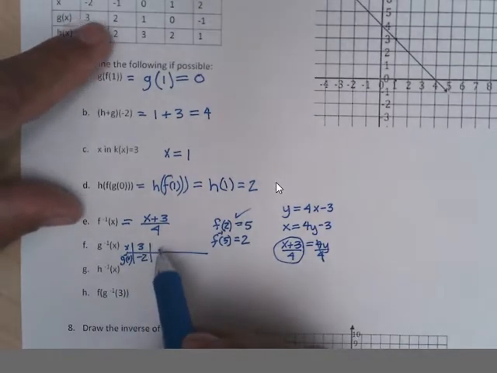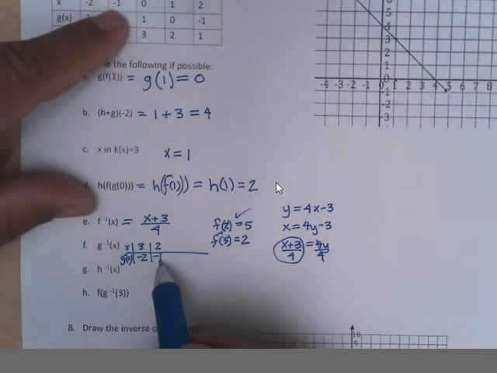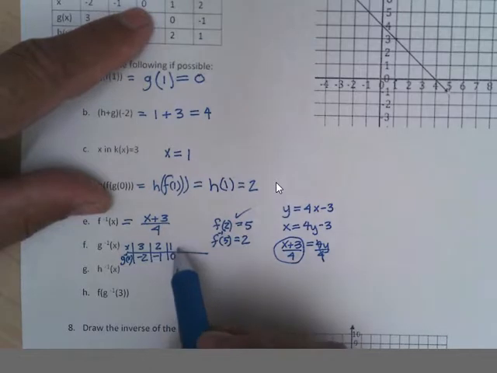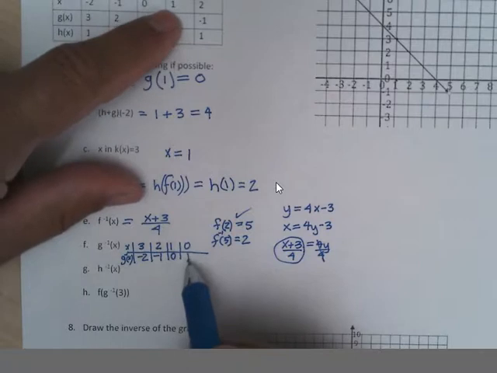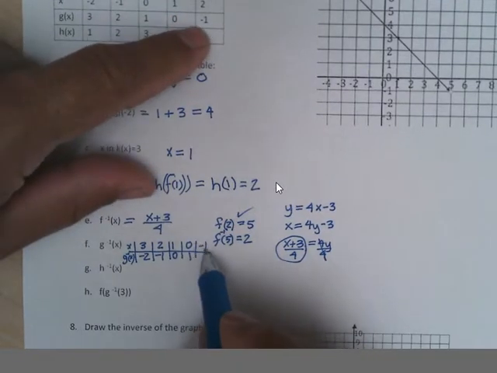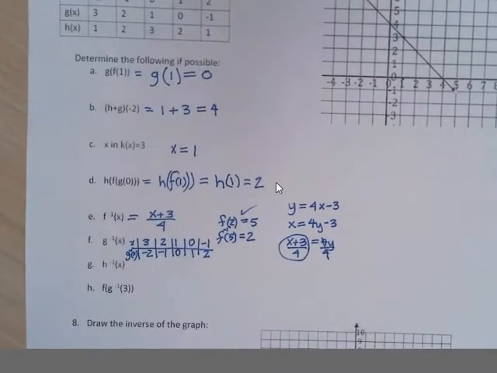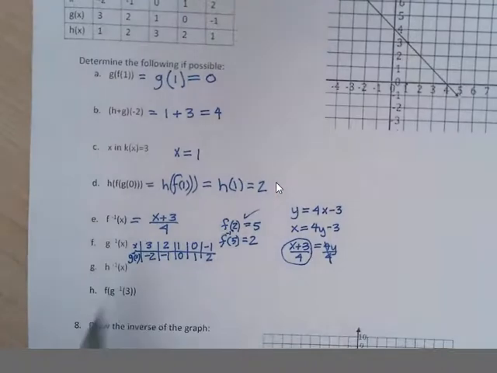It would take 2 and change it to minus 1. It would take 1 and change it to 0. And it would take 0 and change it to 1. And it would take minus 1 and change it to 2. The inverse will undo g, so everything is backwards.